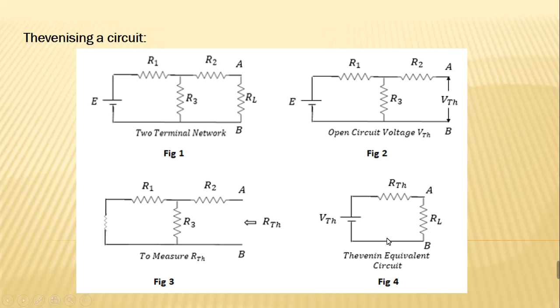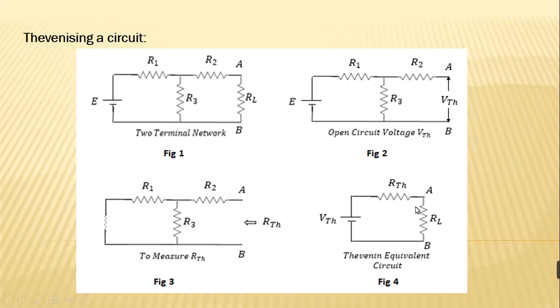Making use of this circuit, we can calculate the current through the load resistance or even the voltage drop across the load resistance. The current through the load resistance can be calculated using the formula I equals EMF divided by the total resistance of the circuit, where in place of EMF we have V Thevenin.